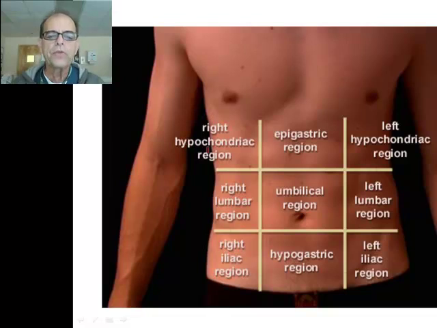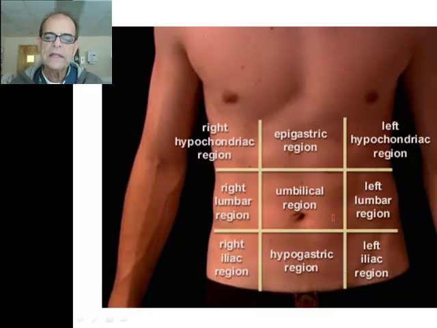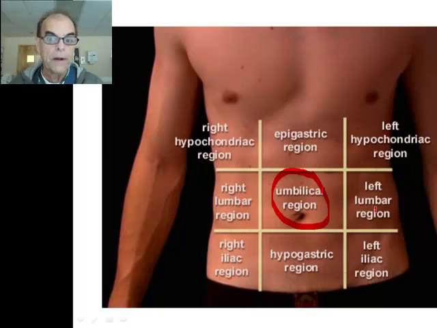Right hypochondrial region, this is a very important area. A lot of organs are there. Epigastric, that means over the stomach, and the same, left hypochondriac region. In the center, the umbilical region, very easy to remember. Right lumbar, left lumbar, the area where the kidneys are.